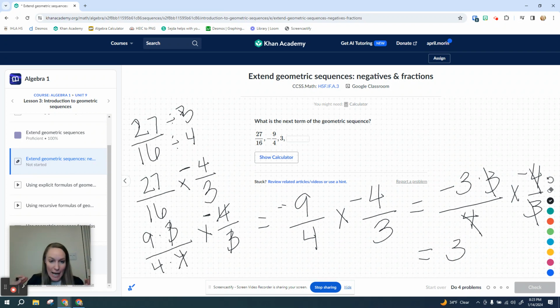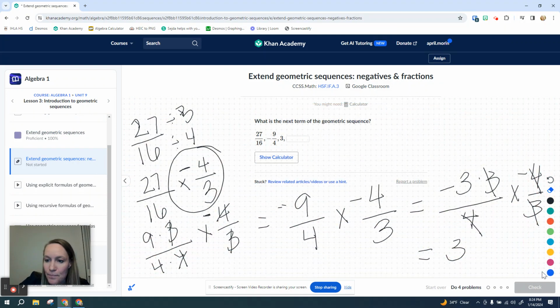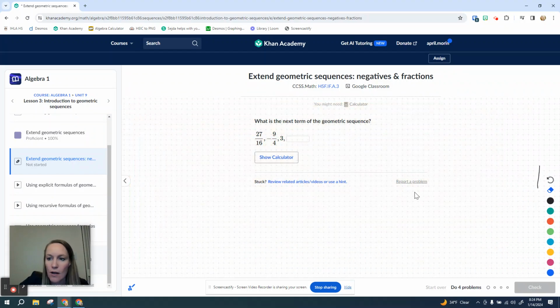Okay, so my pattern is this negative 4 thirds. I'm going to erase this whole thing because I need more room. Negative 4 thirds, we're going to remember that. Okay, that's what I think my pattern is.